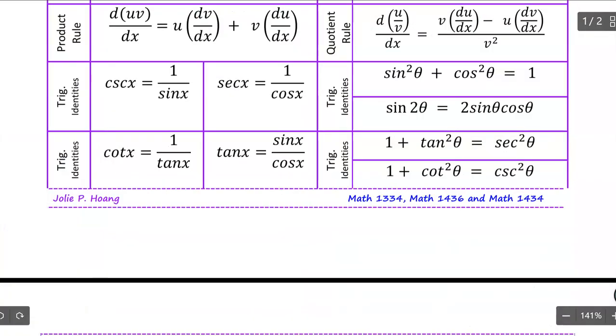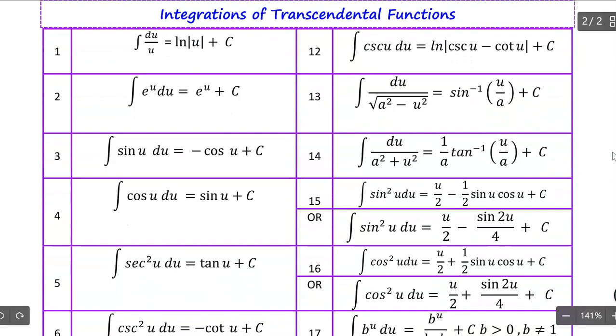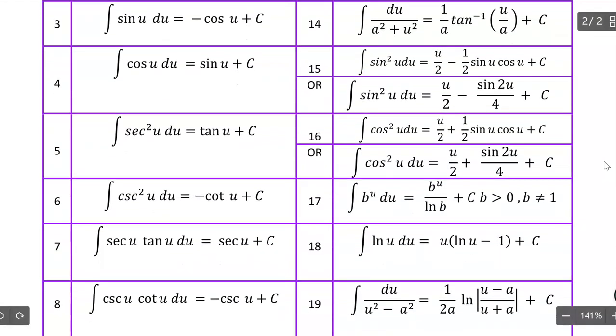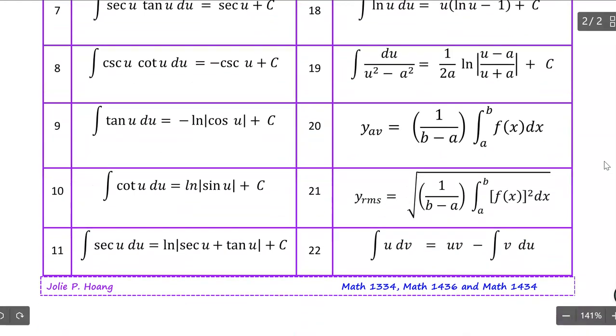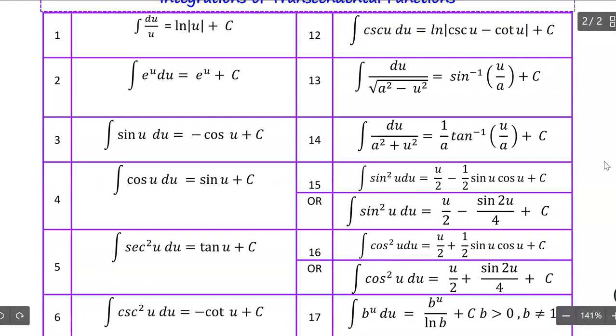On this formula sheet, I am giving everyone the formulas involving transcendental functions. So while taking the integral of a transcendental function, we follow all of these formulas. What you need to do is take a look at what type of integrand is given to you, and then go to this formula sheet to see if any formulas apply to the integrand that you are working with.